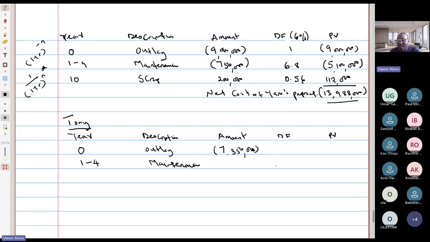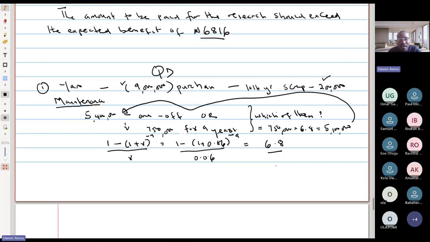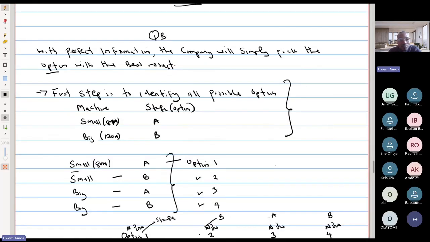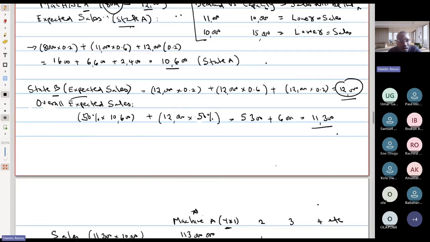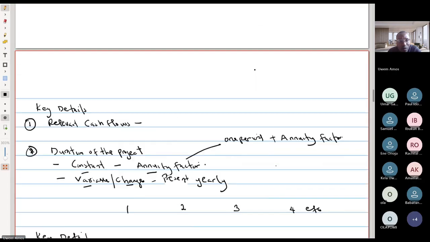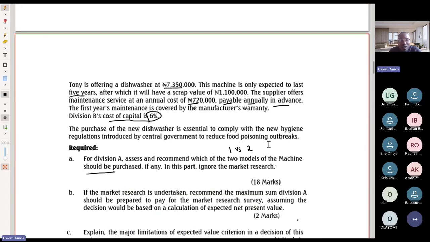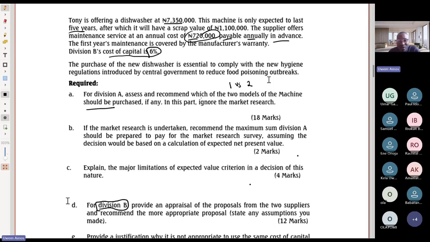And how much is the maintenance again? Oh, I missed that. What was the value again from the question? How much is Tony proposing that we pay, that is paid every year for the maintenance? Okay, so Tony is proposing an annual maintenance cost of 720,000. So we'll just note that quickly.